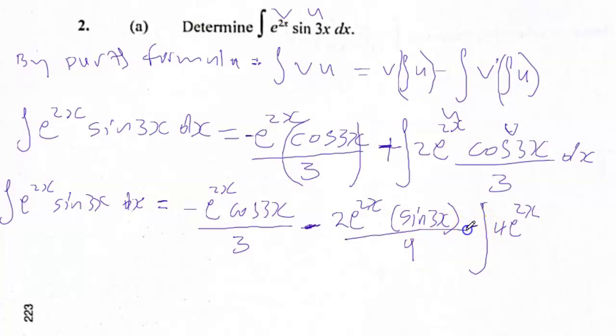Double negative again, positive. So it's actually sine 3x over 9 dx, of course. So we can do some grouping now. You'll recognize that this is the integral of e to the 2x sine 3x, also the integral of e to the 2x sine 3x. We can group both of them on the same side.